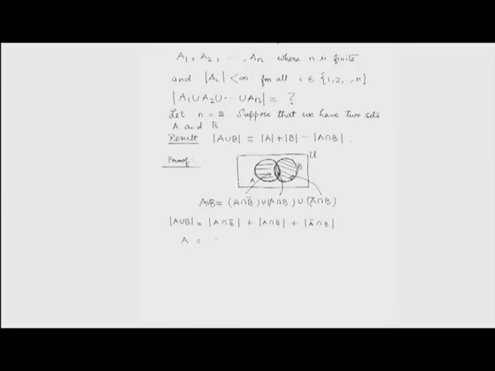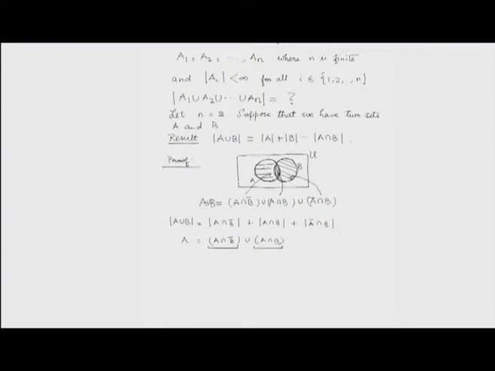I can of course split it up in this way: A intersection B complement union A intersection B. So, we have already seen that this is this portion and the portion A intersection B. Now, these two sets are disjoint, and we know that the union of two disjoint sets will have exactly the number of elements equal to the sum of the number of elements in individual sets.